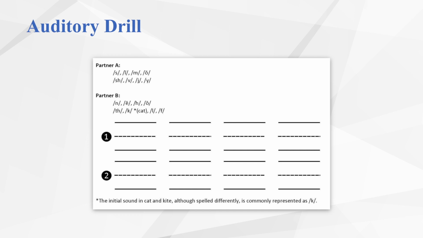Then the instructor would provide the keyword cat to indicate to students that the intended spelling is C, since C is the spelling that goes with the keyword. In our lesson plans, this is often how you'll see things represented when multiple spellings are known. There are instances when a script or a rule may also be applicable, and that will be noted on the plans as well. This concludes the auditory drill segment of training.